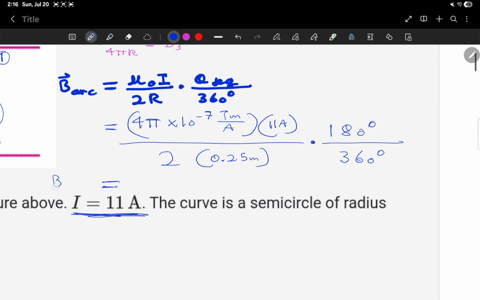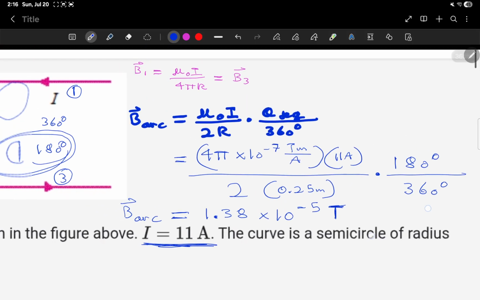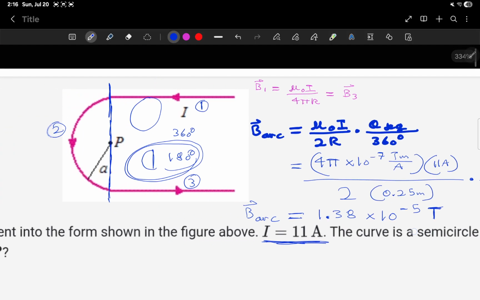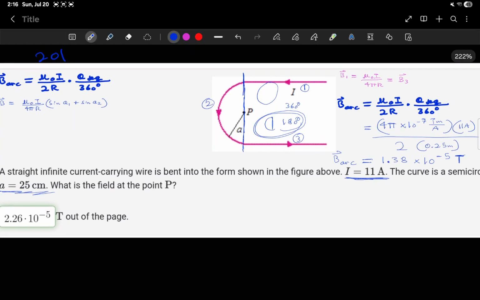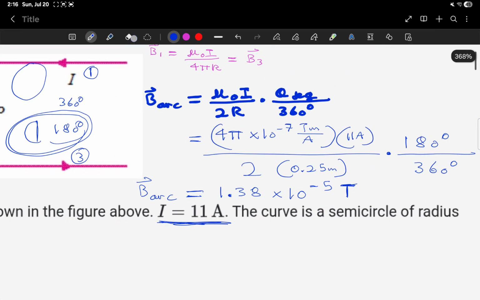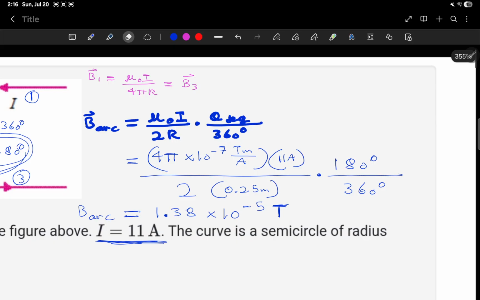And I get a magnetic field from the arc being equivalent to 1.38 times 10 to the power minus 5 Tesla. That at least gives me the magnitude.